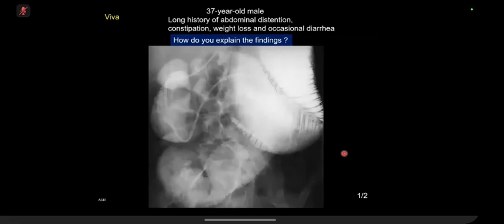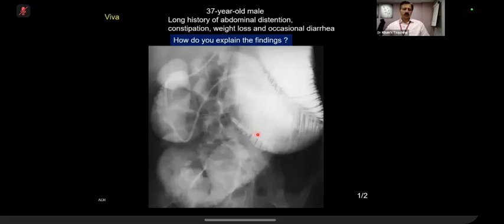The bowel also appears to be of larger caliber than would be expected. And I think I can see some sacculations in the right upper quadrants. Okay, what is your conclusion? So the appearances are typical for scleroderma.